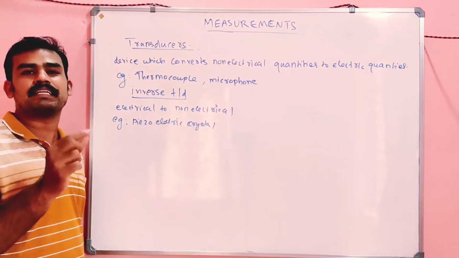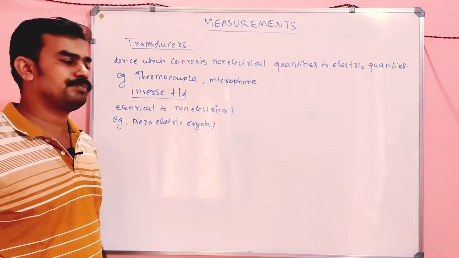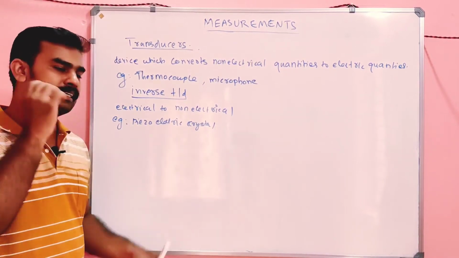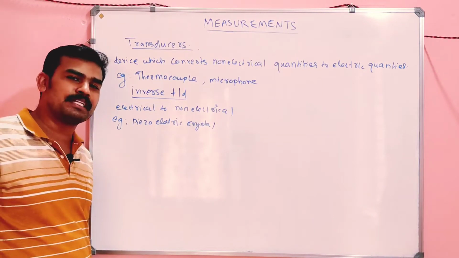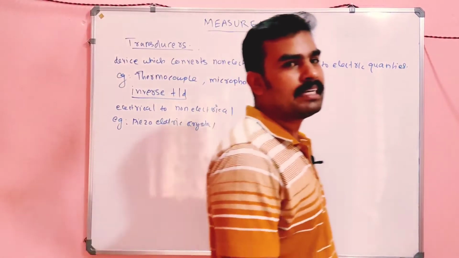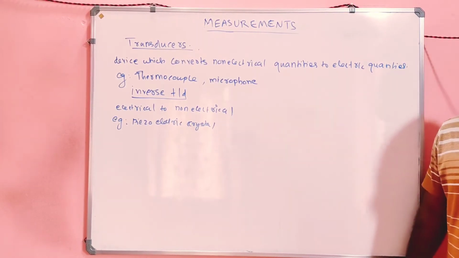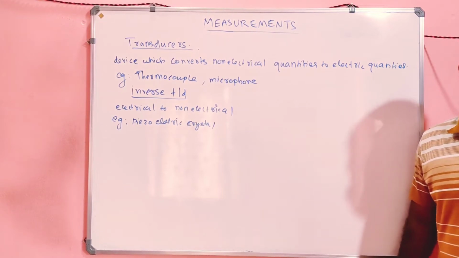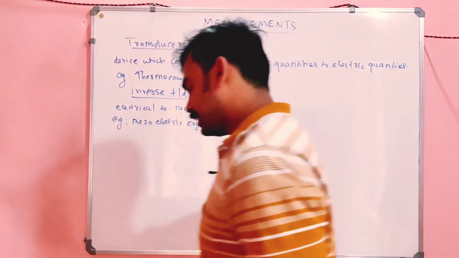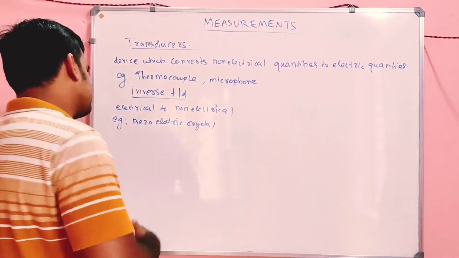Suppose you take a piezoelectric crystal and apply some voltage along its terminals. It will produce a small mechanical vibration. That means it converted the electrical quantity to a non-electrical quantity. Is it clear? So that is an example of an inverse transducer. So many examples are there.